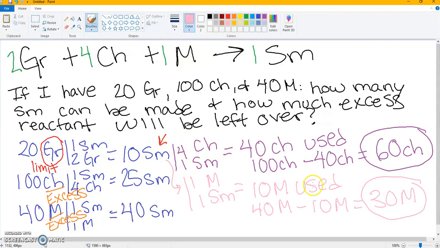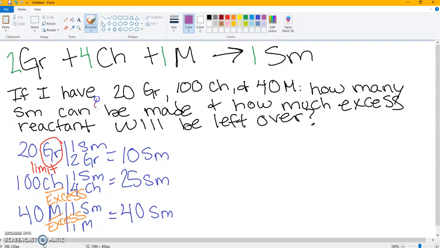So this way of calculating was using my first method, where I take the products that can be made from my limiting reactant, and I convert them into the excess reactant, and then I subtract initial minus used, and I get excess. My other method, however, is to go directly from my limiting reactant to my excess reactant. So I'm going to show you that.